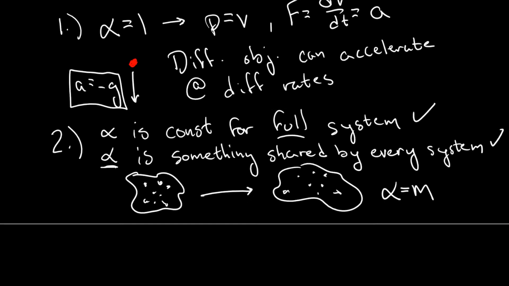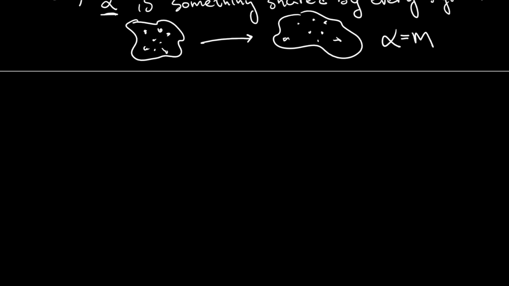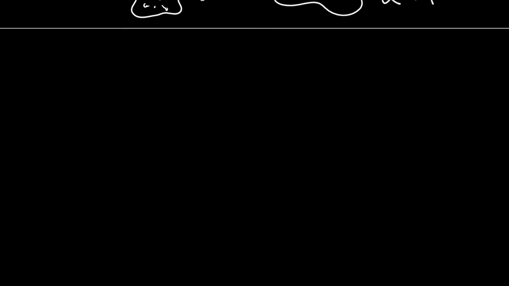And another nice thing about identifying alpha with a system's mass is that now I have a very nice interpretation of what this P is. So let's consider two objects, one very small object and one very large object, moving at the same velocity. They're both moving at velocity v.